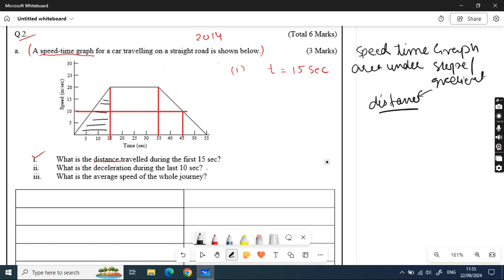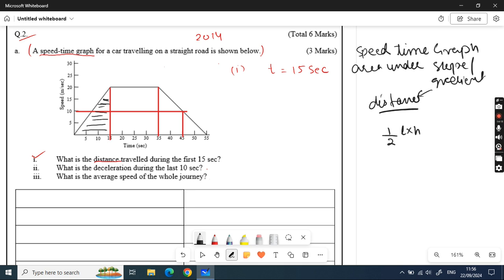So we need to take the proper shape of this graph. It is making a triangle. And what is the area of a triangle? Area of a triangle is 1/2 length into height.